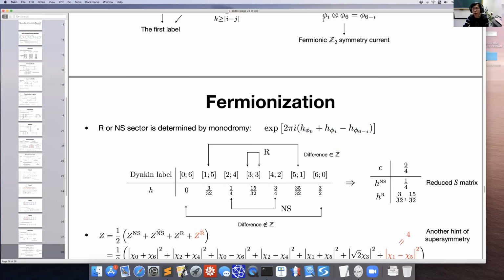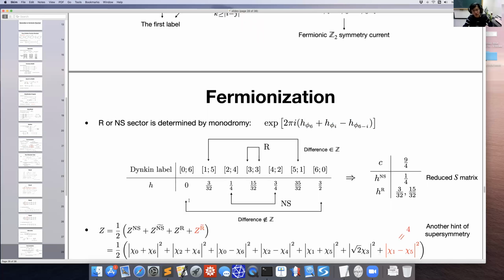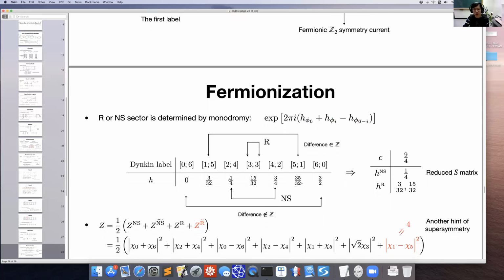So I use this fusion rule, and I consider the fusion rules applying to each primary, and then I can easily identify different sectors. For example, in this guy, because the difference is 1/2, they belong to the NS sector. And then because we are interested only in the NS sector, we can reduce the full 7 by 7 S matrix to the S matrix only in the NS sector, and we get this table here.